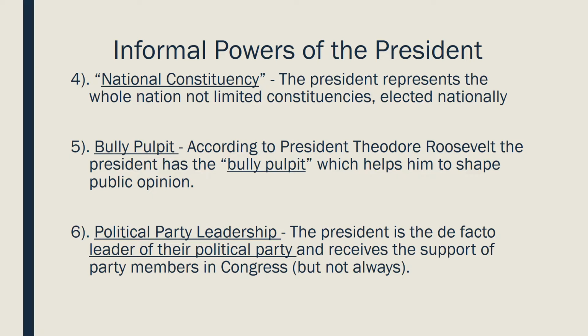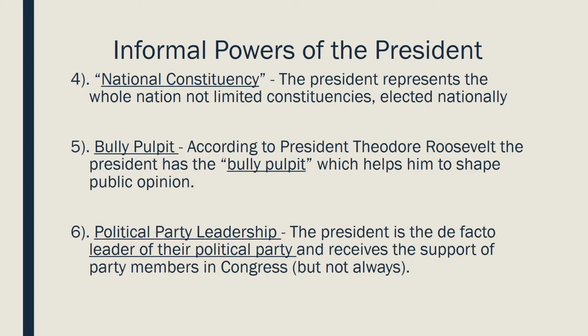When we put this into a modern context, we see the president's ability to get media attention, to get television time, to have their speeches covered as much as they want, gives them the power then, or at least the ability, if they so choose to use it, to try to sway public opinion to support their policies.